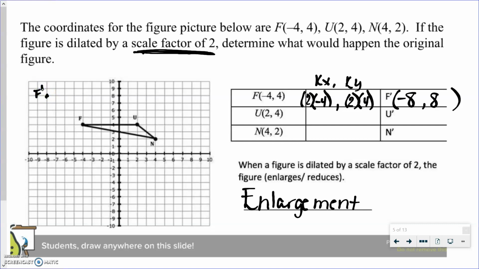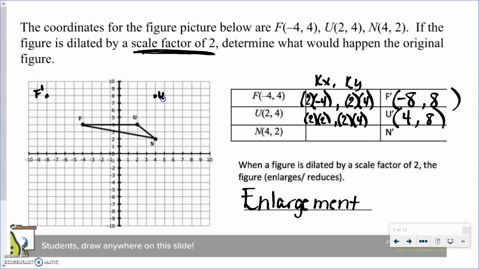Okay? Same thing. I have 2 times 2 because that's my x value, and 2 times 4 because that's my y value, and 2 is my scale factor. Well, 2 times 2 is 4, and 2 times 4 is 8. So my new coordinate pair for U prime is 4, 8. So I'm going to go 4 and up to 8.